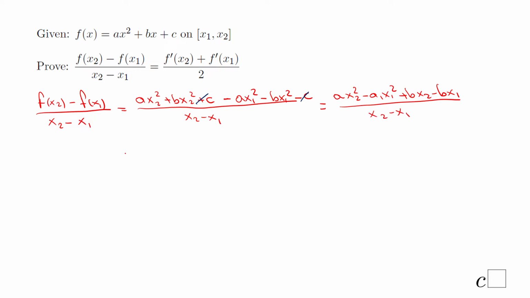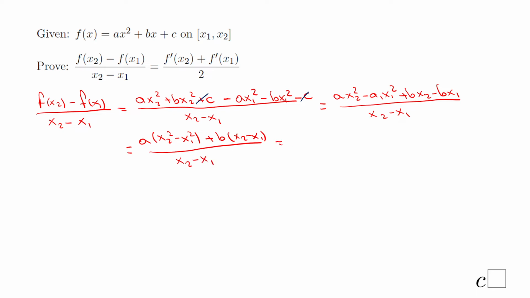My next step will be to factor out the a, and then we have x sub 2 square minus x sub 1 square. The same with the b, I'm going to factor out, and the denominator stays the same.